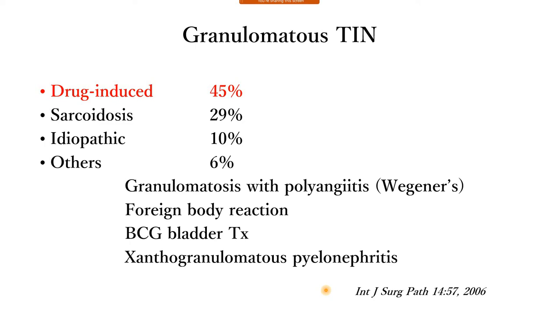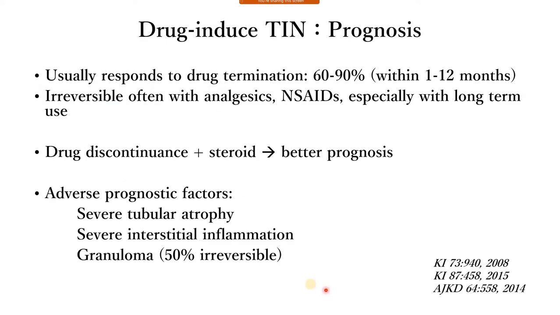So we need to look at everything. We need to check everything. We even need to check for TB, actually. So prognosis: usually drug-induced TIN responds to drug termination in 60 to 90%, and responds within 1 to 12 months. But it is often irreversible with analgesics and NSAIDs, especially if the patient has been taking them for a long time.